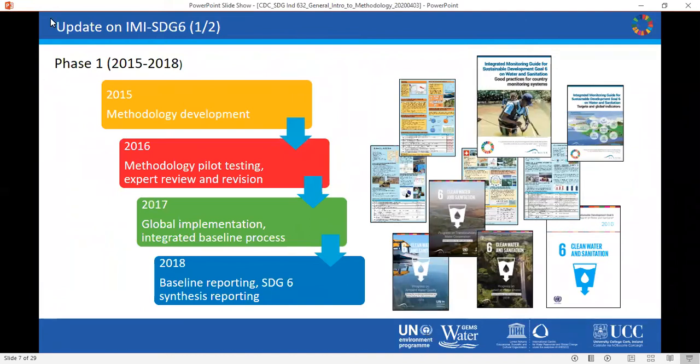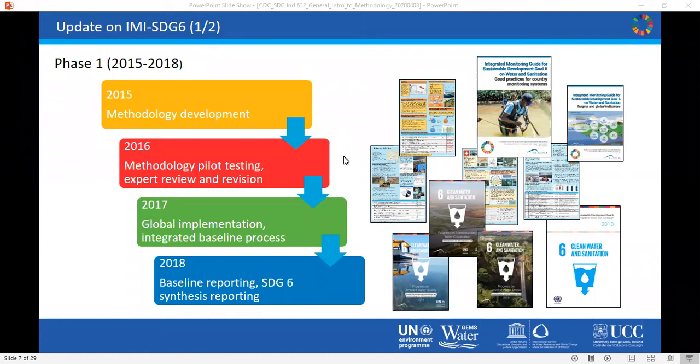The goal of phase 1 was to establish a global baseline of data, which first required the development of the methodology for the indicator and also involved a lot of learning and pilot testing. The outcomes of phase 1 are summarized in various indicator reports and a synthesis report on SDG 6. These are all available online. And for 6.3.2, we managed to collect data from around 50 countries, which was a good start.